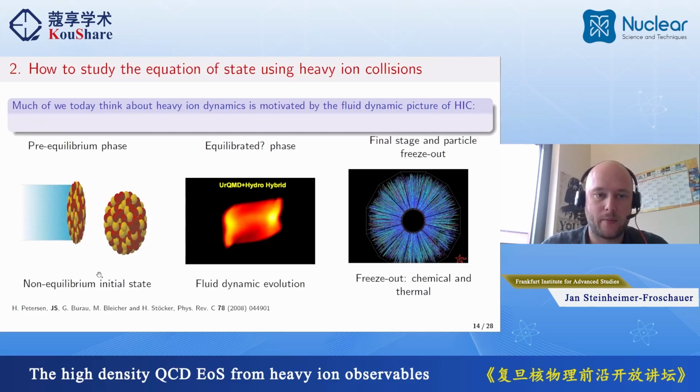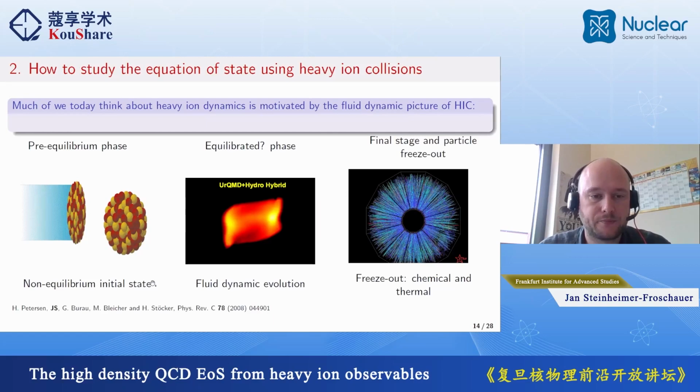So what's the fluid dynamic picture or the standard model of heavy ion collisions? Well, you basically say you have some non-equilibrium or pre-equilibrium initial state, which is calculated either by some transport model or some Glauber model or some simplified model for the gluon dynamics in the initial state.